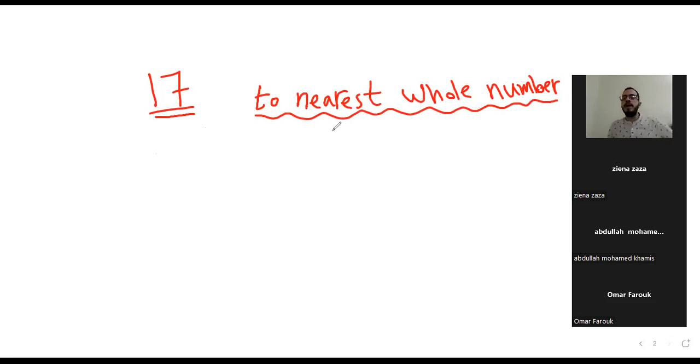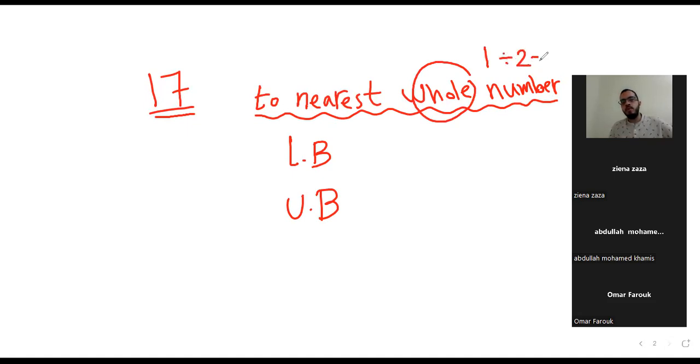I subtract 0.5 and add 0.5 because it's a whole number. Whole number means 1 divided by 2 equals 0.5.